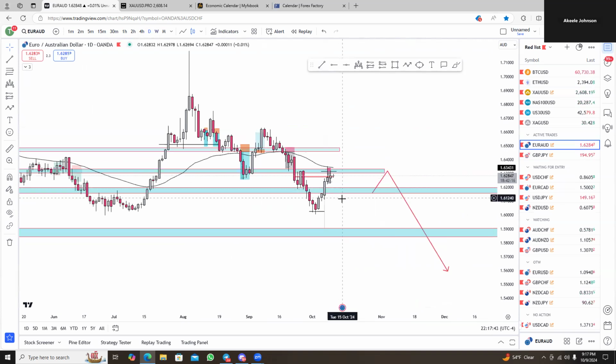It needs to reject and make that right shoulder to push. So in order to make that inverted head and shoulders, it needs a downwards push. It also retested without making a daily higher high, so it didn't make the daily bullish. There's just so many different things. You add all those up.